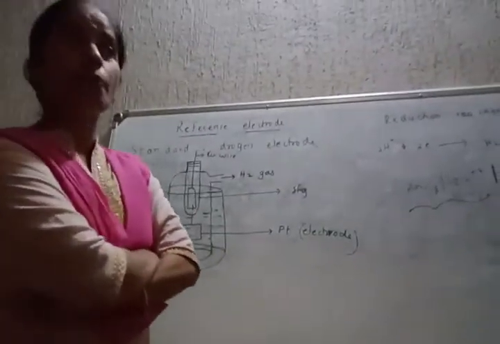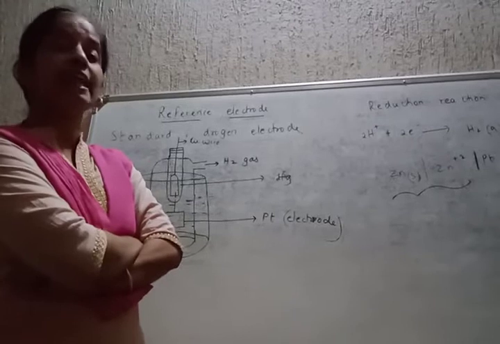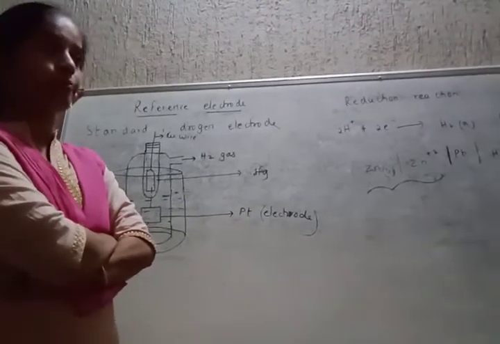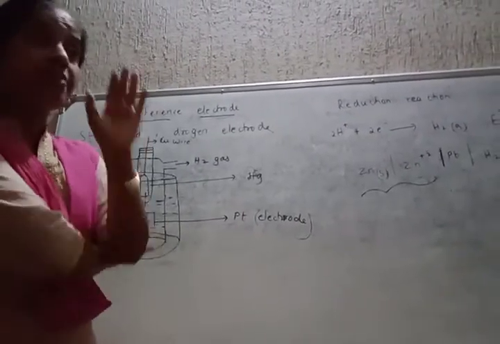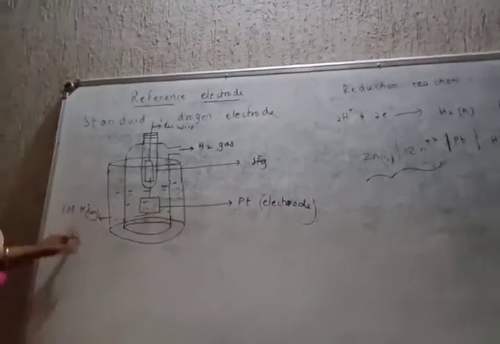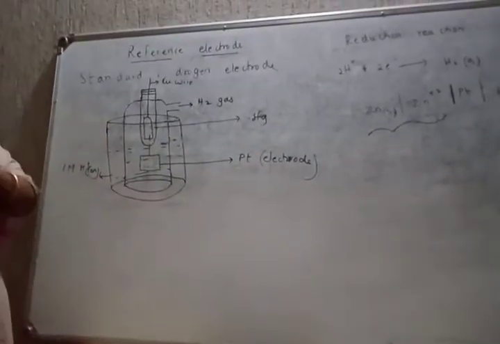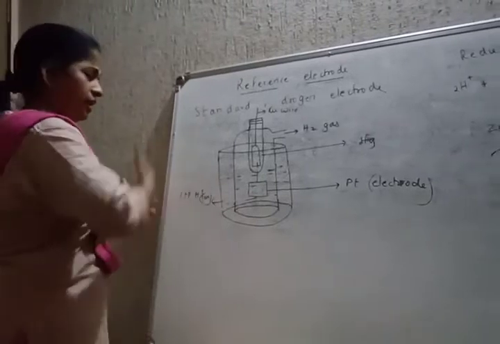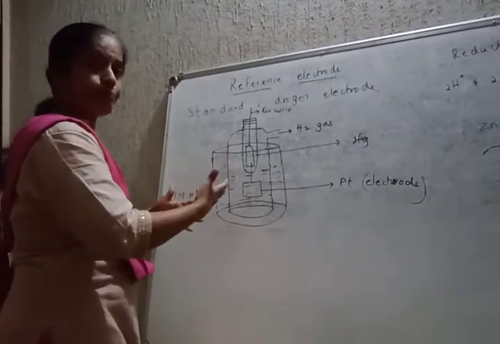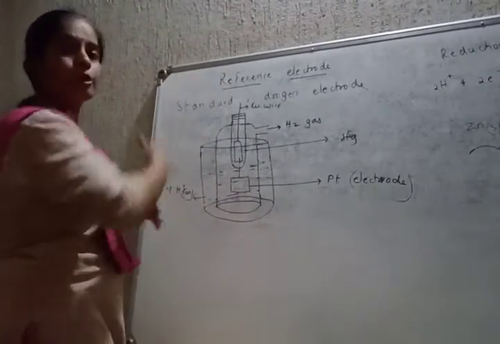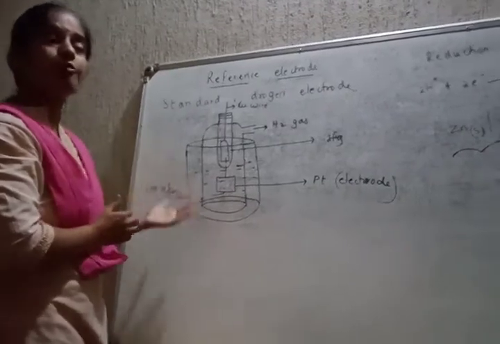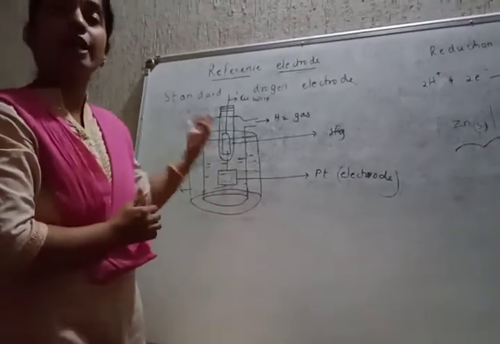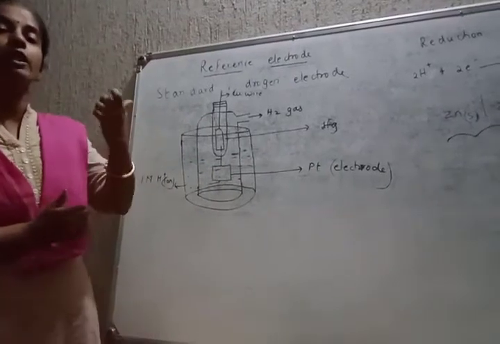So it is difficult to maintain the pressure of hydrogen gas as 1 atm. Third, it is difficult to maintain the concentration of hydrogen ions as 1 molar. Why? Because continuously water form होतोय आणि water form होऊन ते evaporate होतंय मुलांना, आणि त्यामुळे to maintain the concentration of hydrogen ion as 1 molar, it becomes more and more difficult.